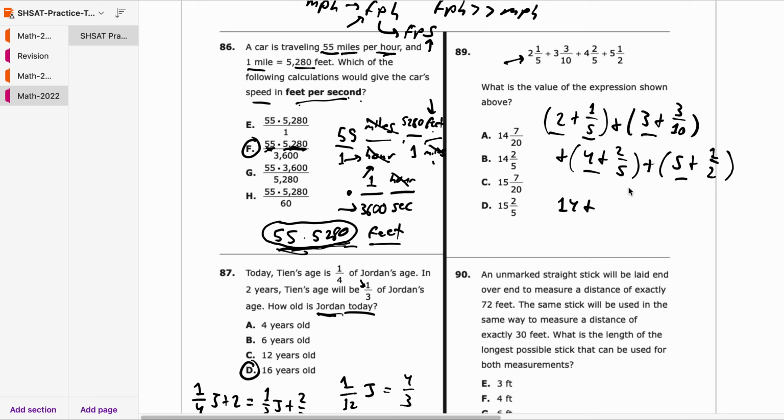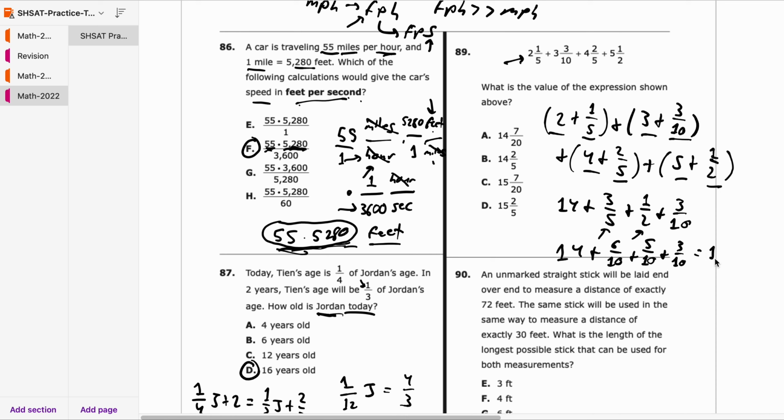And now let's add 1/5 and 2/5. So that's 3/5. And we have to add 3/10 and 1/2. Okay, so we need a common denominator for these. So it's going to be 14 plus 6 over 10 plus 5 over 10 plus 3 over 10.